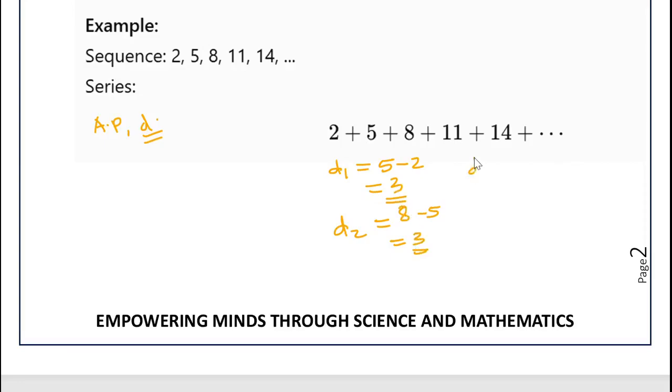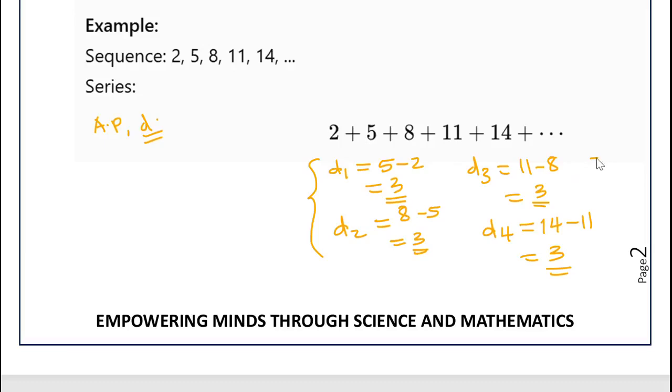If I get the next difference d3, it becomes 11 minus 8, and that gives me 3 again. If I get d4, it becomes 14 minus 11, and that still gives me 3. That's why we are calling it a common difference. Every term differs from the next by a common number as any other consecutive terms.